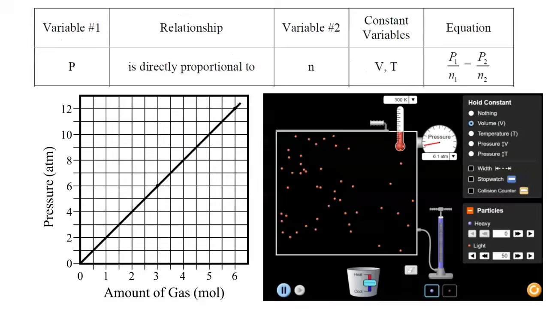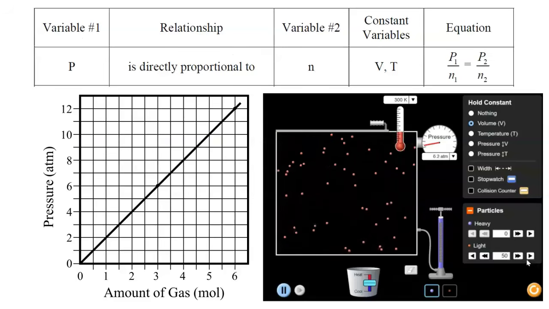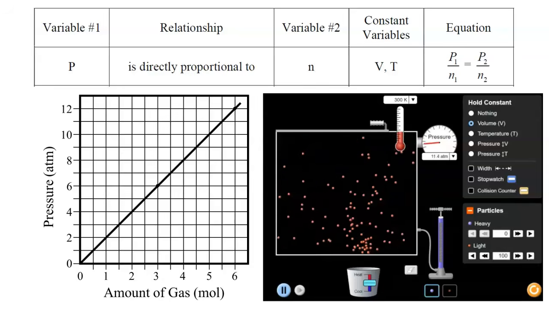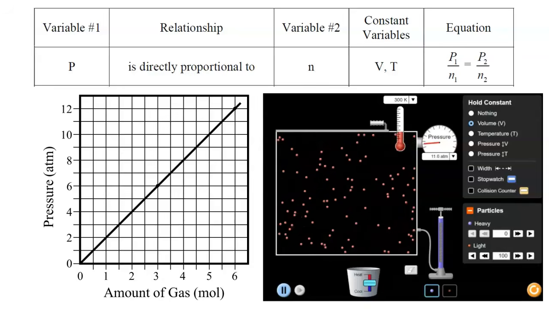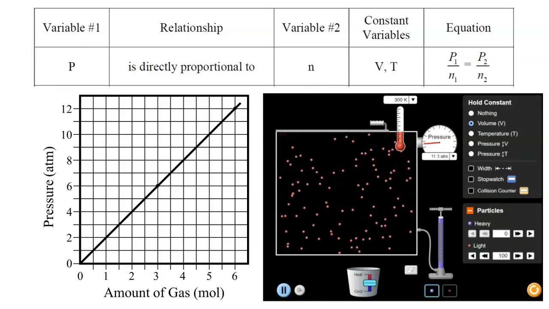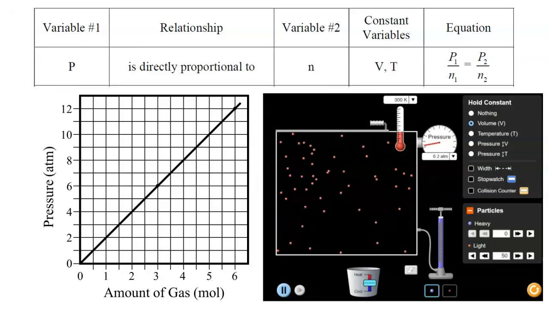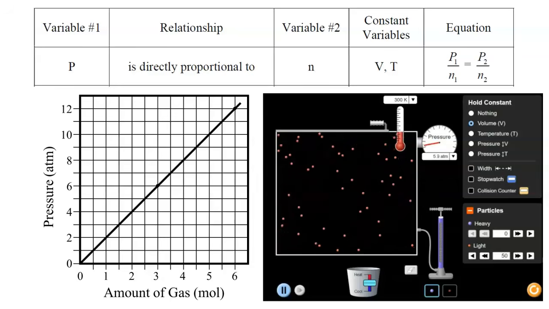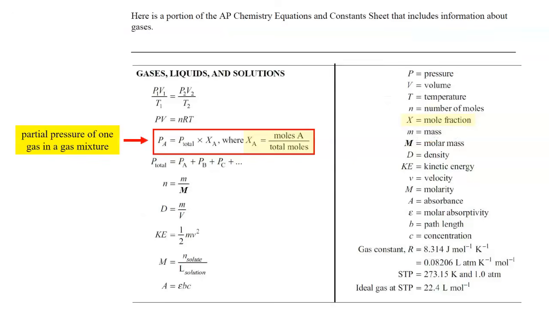So what we can do is remember that there is a direct relationship between pressure and number of moles. So if I have a direct relationship between pressure and number of moles, then the ratio of moles is going to be the same as the ratio of pressure. So here on the equation sheet, we have the equation for partial pressure.